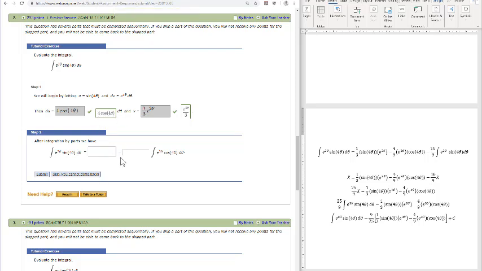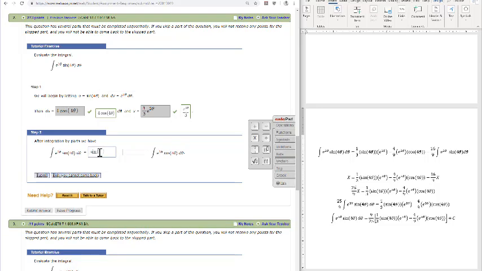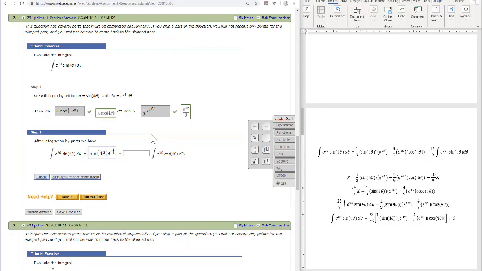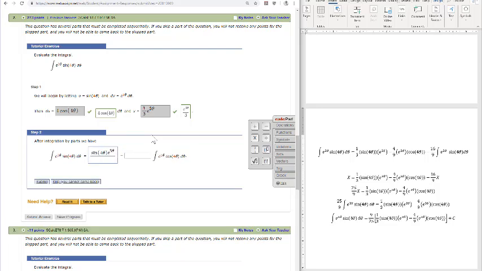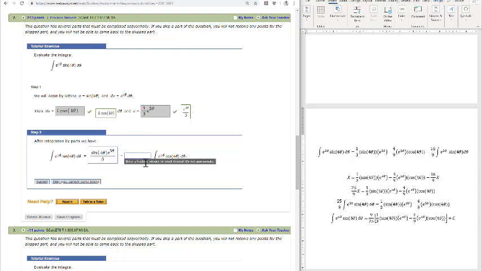All right, according to integration by parts, the first part is going to be u times v, so it's going to be sine 4 theta times e to the 3 theta divided by 3, minus the integral of v du.